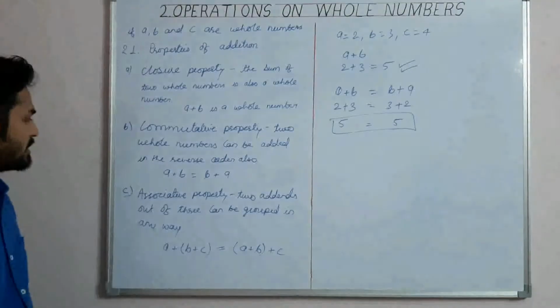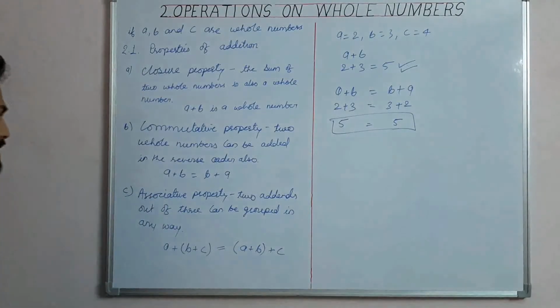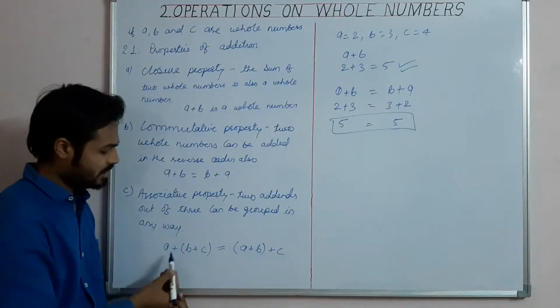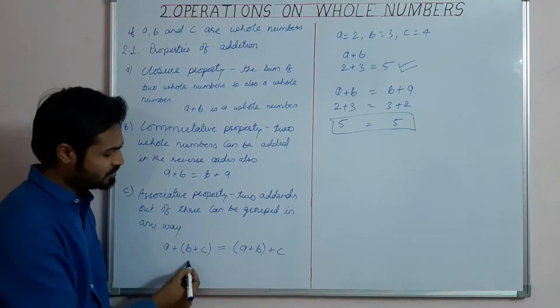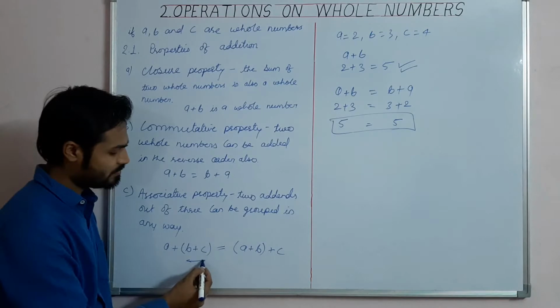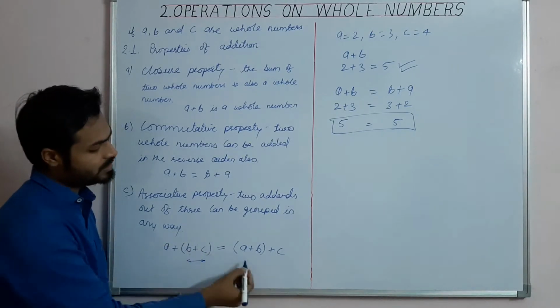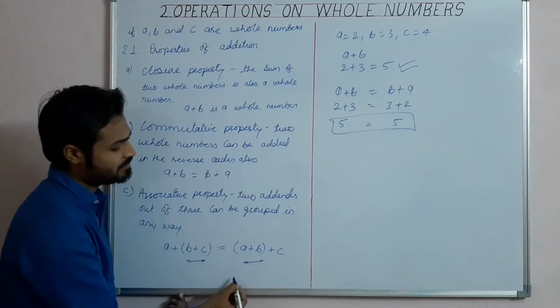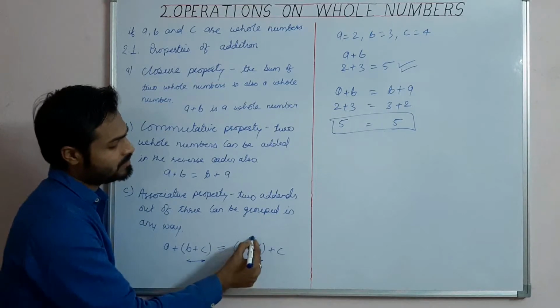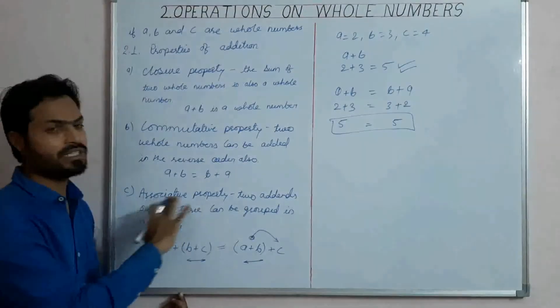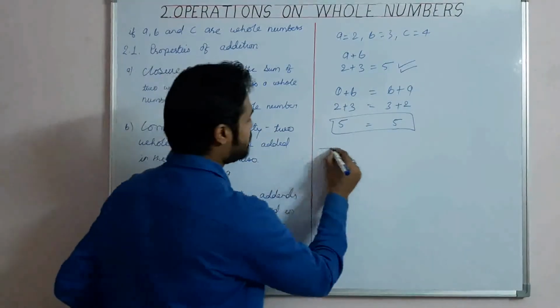The third property is the associative property, which states that two addends out of three can be grouped in any way. So if we are adding three numbers A, B and C, we can group B plus C first and then add the sum of B plus C to A, or we can group A plus B first and then the sum will be added to C. This is the third property, the associative property. Now we will check it.